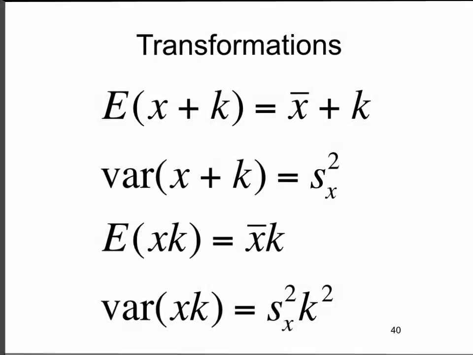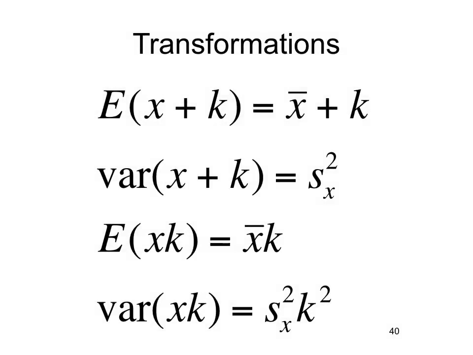All right. I've got to throw this in somewhere, so we're going to throw it in here on the last slide. Sometimes you can take a variable that is distributed some way, and we're going to call that variable x, and you can do things to it. E means expected value, var means variance.